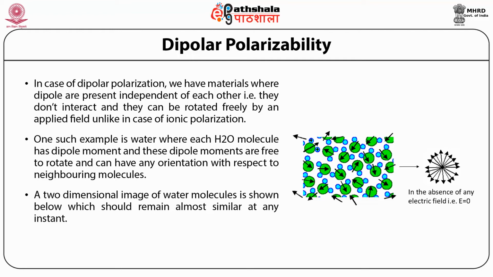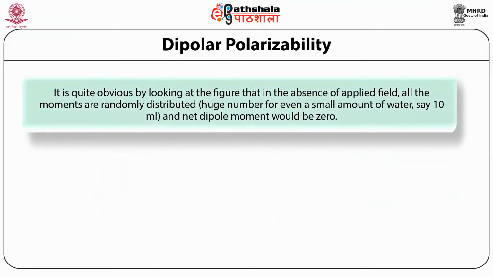A two-dimensional image of water is shown in the slide, which should remain almost similar at any instant. The arrows depicted in this figure show the direction of dipole moment associated with each molecule. It is quite obvious by looking at the figure that in the absence of an applied field, all the moments are randomly distributed, a huge number for even a small amount of water, say 10 milliliter, and the net dipole moment would be 0.